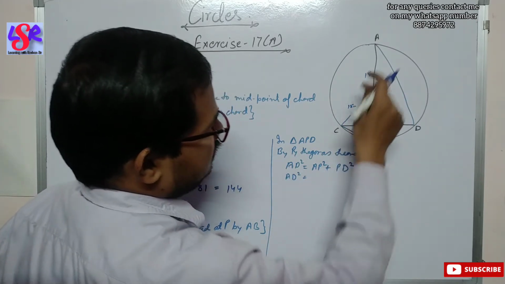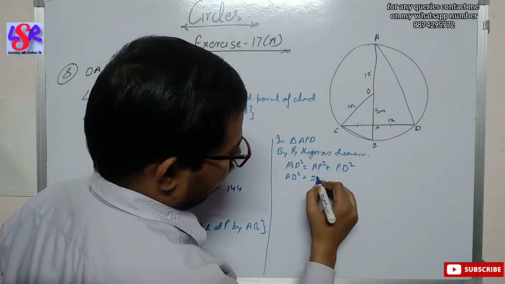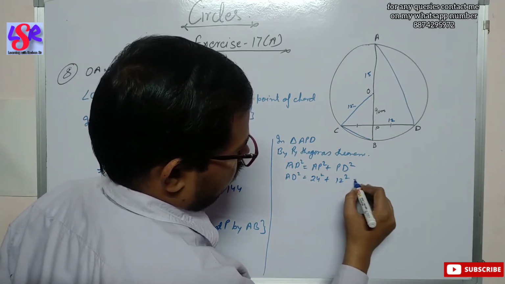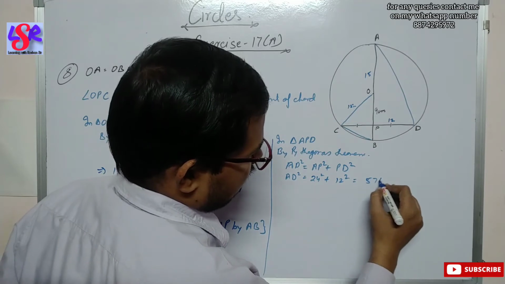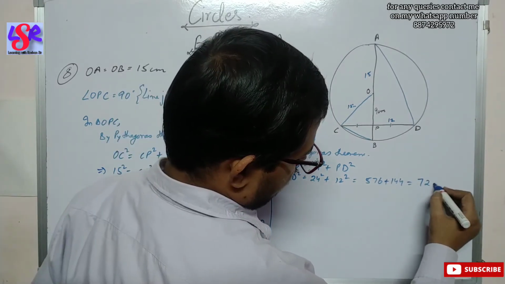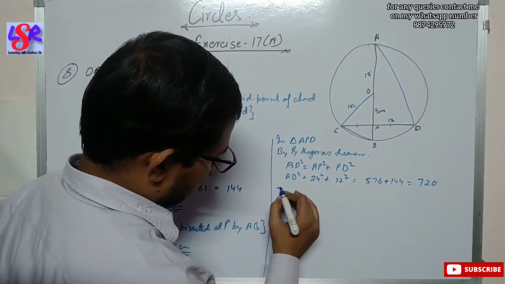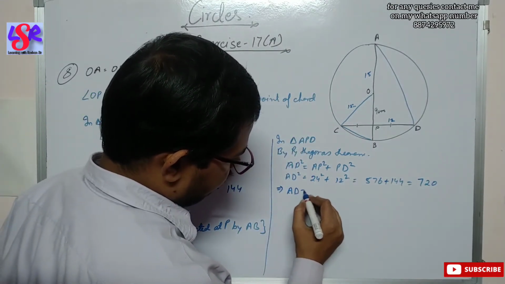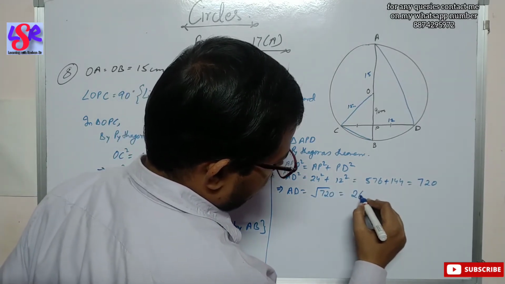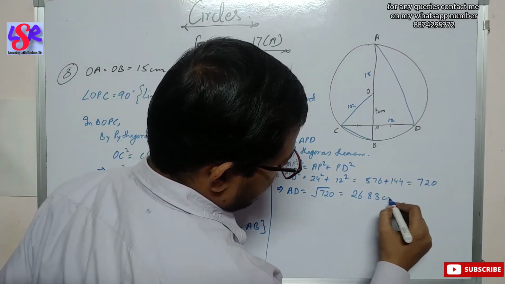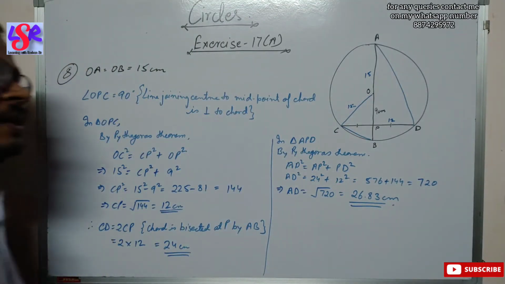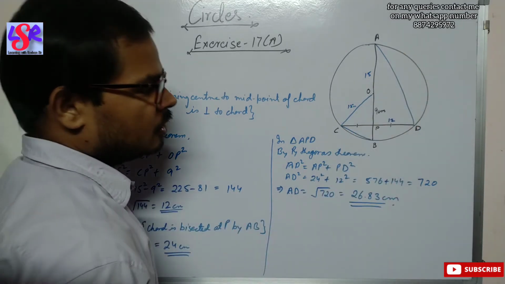AP is the sum of 15 and 9, that is 24 square, plus PD 12 square. 24 square is 576 plus 144 and this equals 720, and that implies AD equals the square root of 720, which is 26.83 centimeter. Now we have got the second answer as the length of AD.